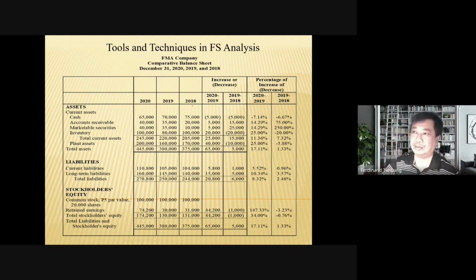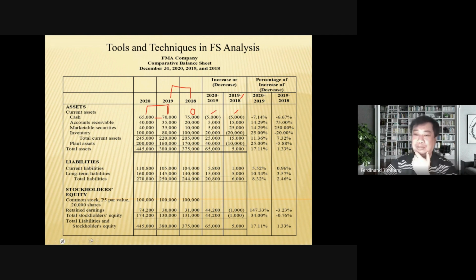Okay, so we have now the 2018-19. So kung makikita ninyo in terms of amount, we have the 2018-19. No? So ibig sabihin, ito yung year 1, ito yung year 0 natin. No? So 70 minus 75, 5,000. Then for these two, no, itong period naman na to, 65 minus yung 70, 5,000.